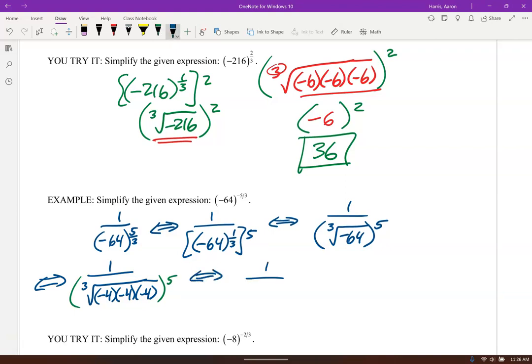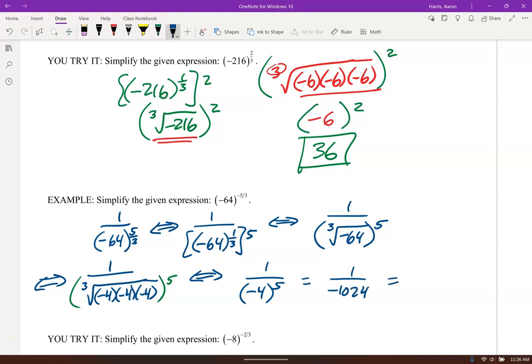So the third root of negative 64 is negative 4, but remember I still got to take that to the 5th power. So then I take negative 4 to the 5th power, and I get negative 1024.